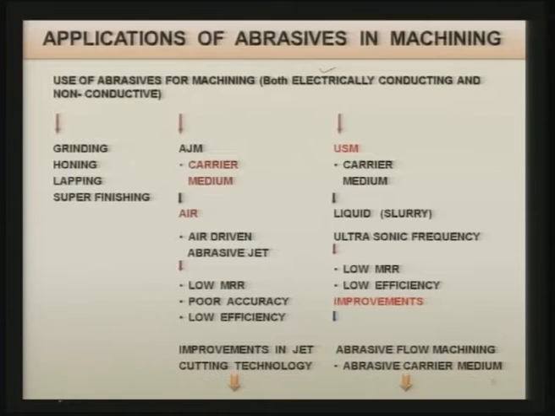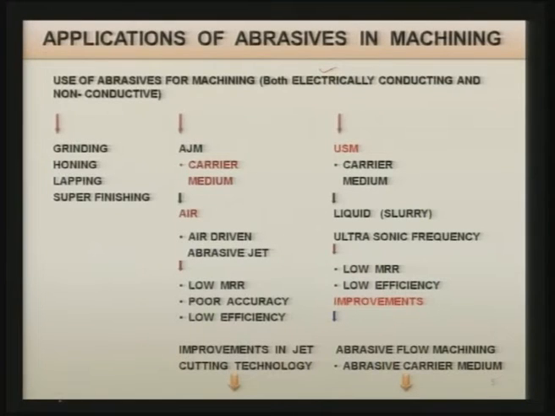On the other hand, the ultrasonic machining process is also based on the application of abrasives in cutting or machining various advanced engineering materials. Here the carrier medium is liquid and abrasives are mixed in the liquid, normally water, and that water mixed with abrasives is known as slurry.